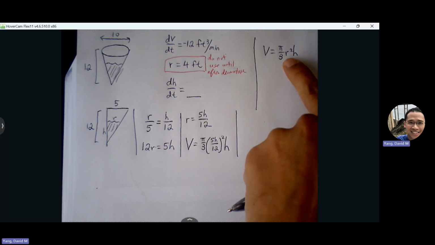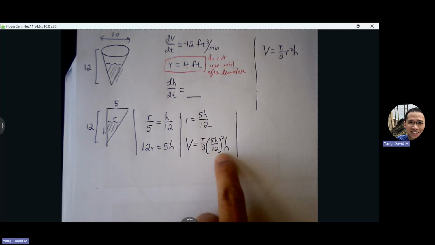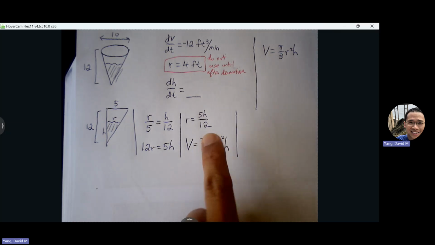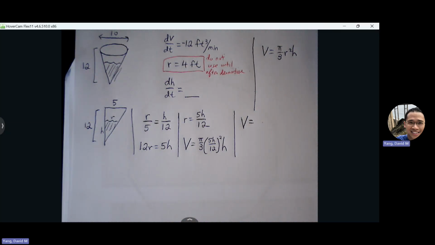So I'm taking my radius, replacing it with 5h over 12, and just trying to get my volume to be purely in terms of h.